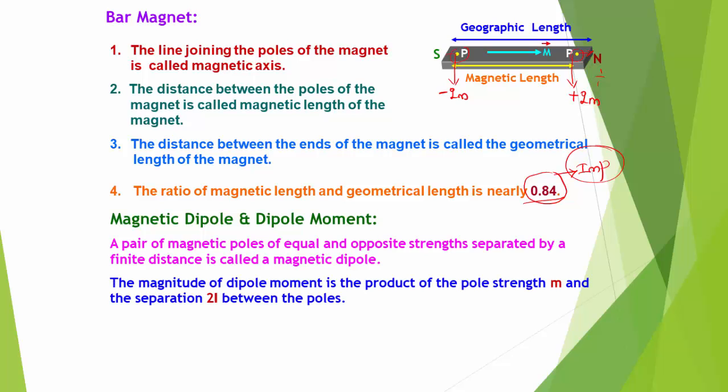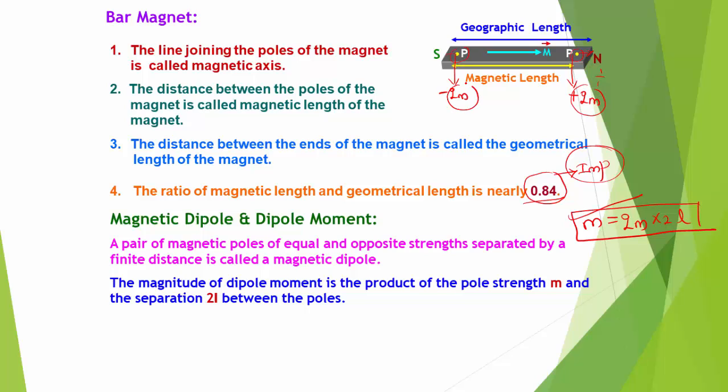What do we call it? Magnetic dipole. And that dipole moment is the product of strength of the either pole. Here, magnetic dipole moment M is equal to the product of strength of the either pole and the magnetic length. Here QM is the strength of the pole.